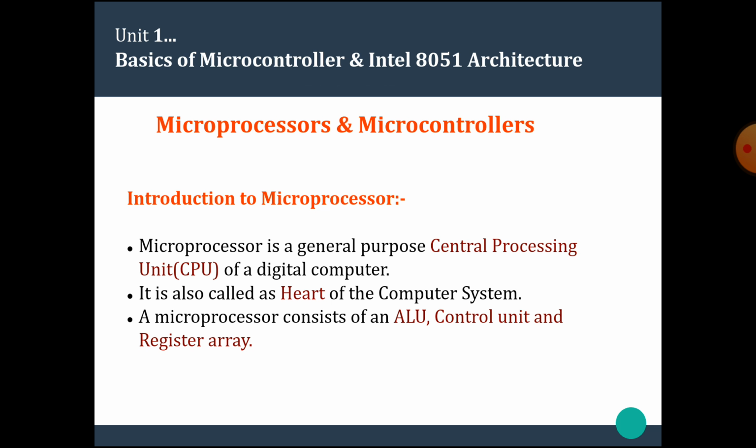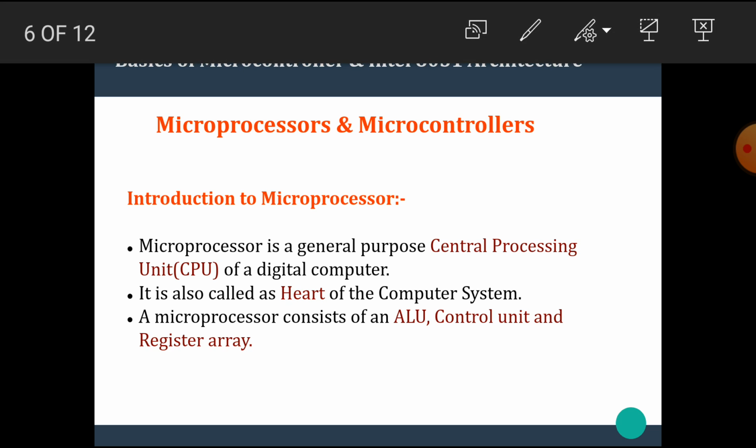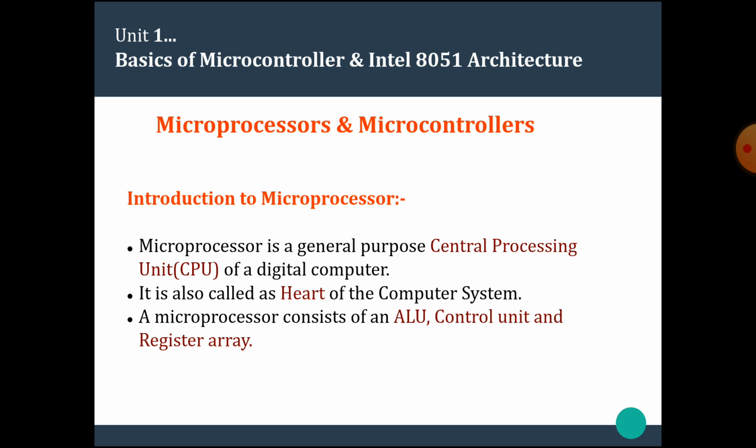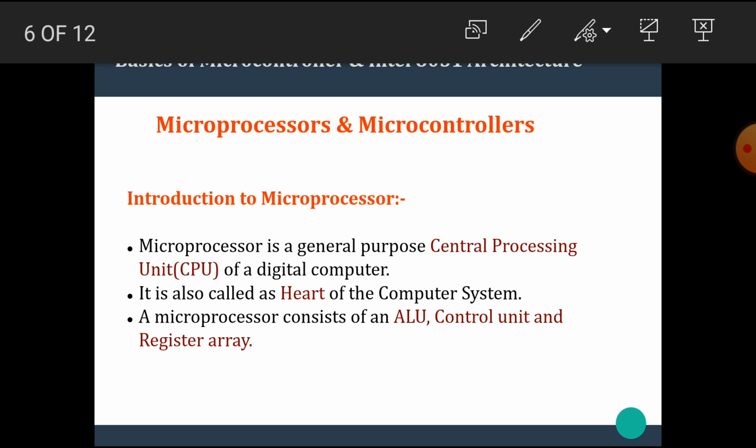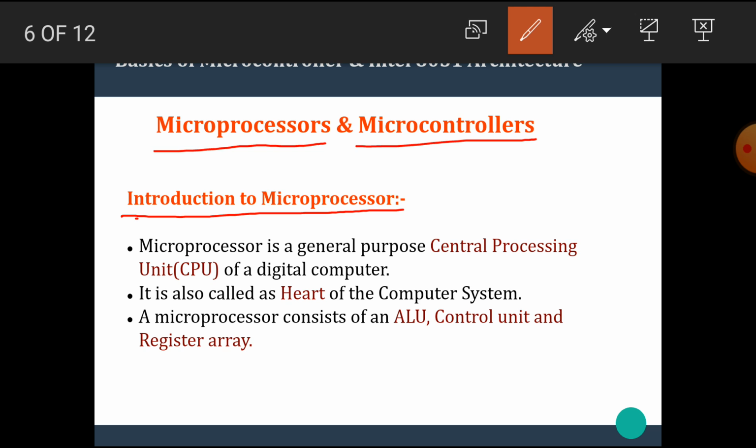Now let's start the unit first. The name of unit first is Basics of Microcontroller and Intel 8051 architecture. First of all, we have to know what is microprocessor and what is microcontroller. For that purpose, let's start the introduction to the microprocessor.